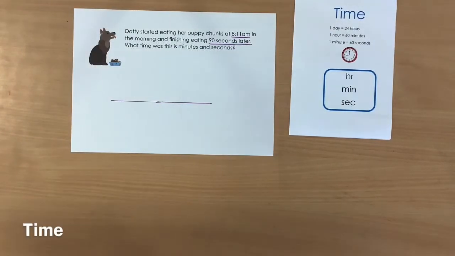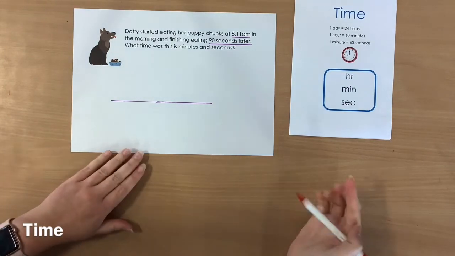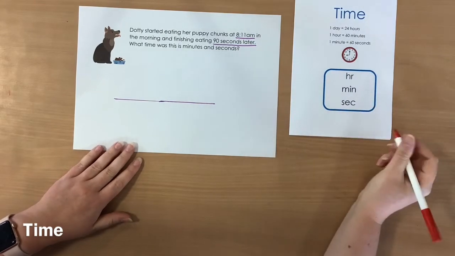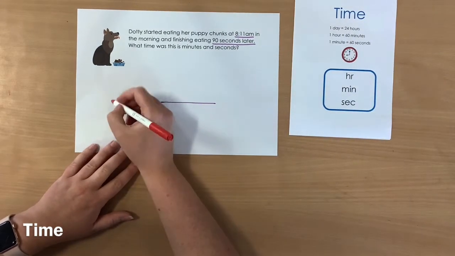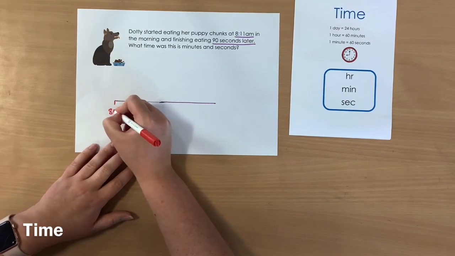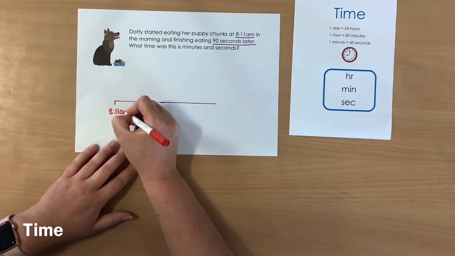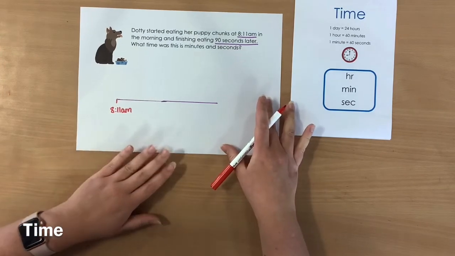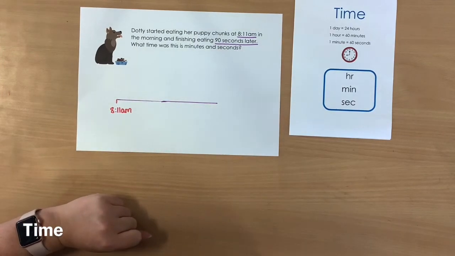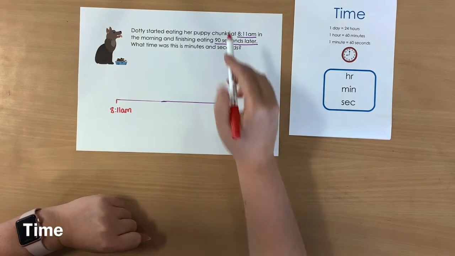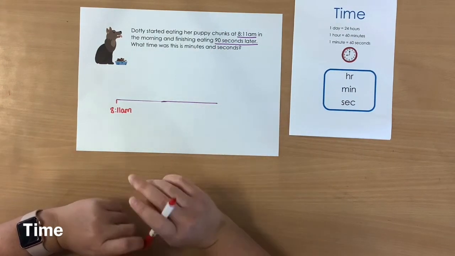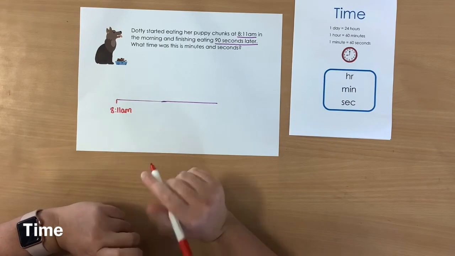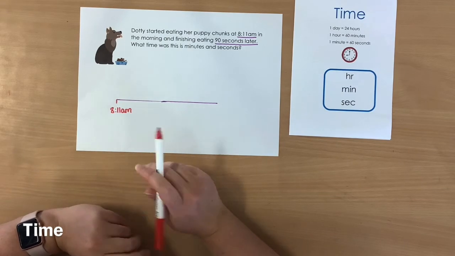To answer this question, you may want to use a number line, like we did during the week of time. My starting point is 8:11 a.m., and she finished eating 90 seconds later. So I'm going to partition 90 into 60 and 30, because I know that 60 seconds is the same as a minute.